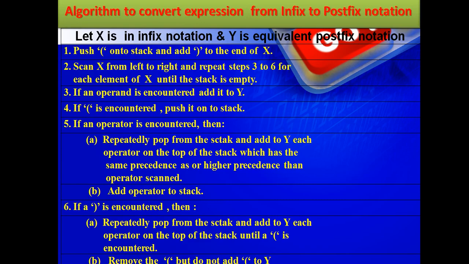Higher precedence means, for example, the top of the stack is star and the element scanned is plus. Now the top of the stack has higher precedence, isn't it? Then you have to pop it. There may be more than one such operator present. For example, the scanned element is the operator plus, whereas in your stack you have star, then you have division.